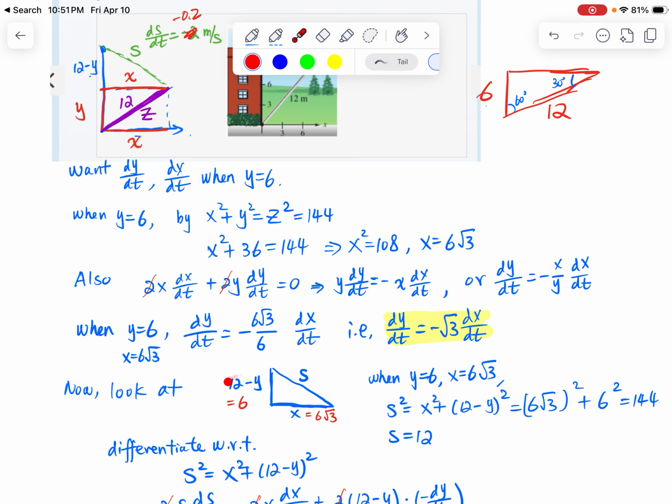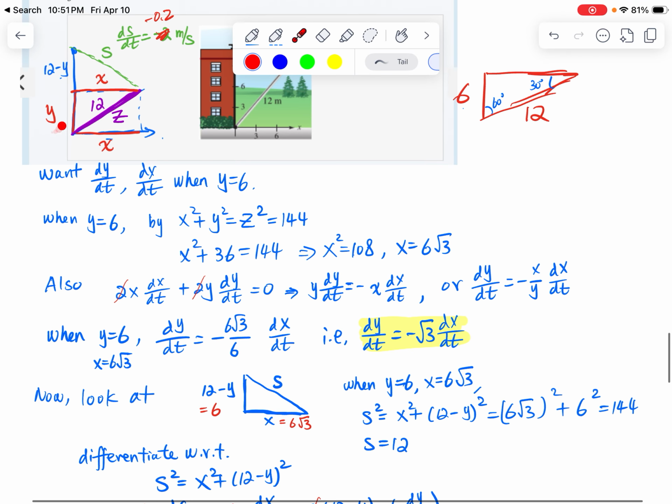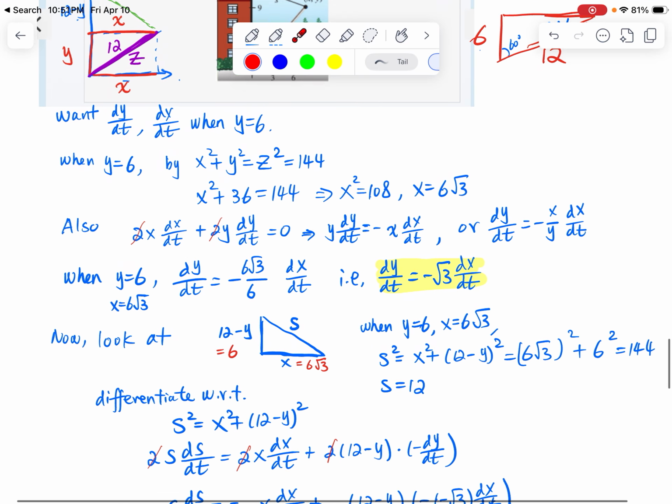When y is equal to 6, this 12 minus y equals 12 minus 6, which is 6. And x is definitely, at that moment, 6 root 3. We already found that up here.